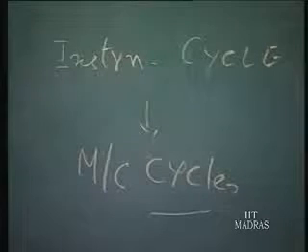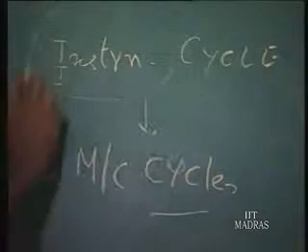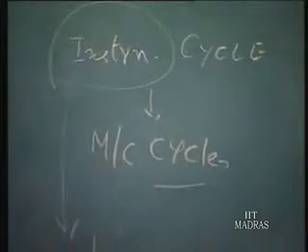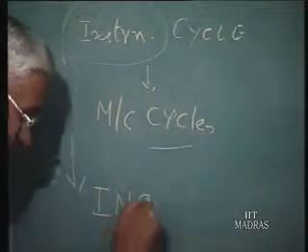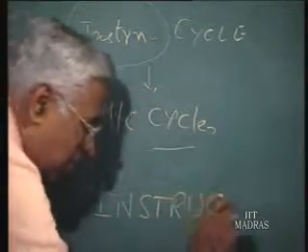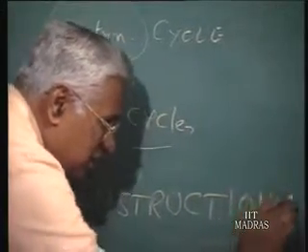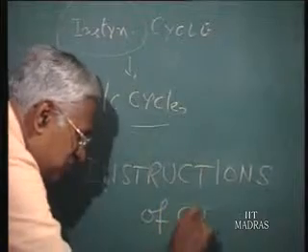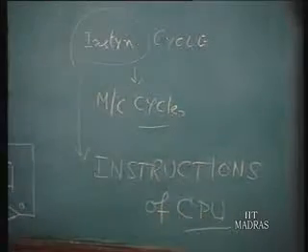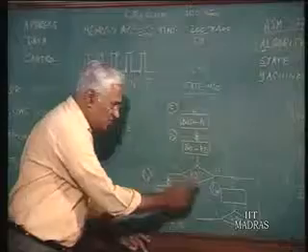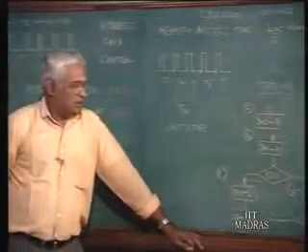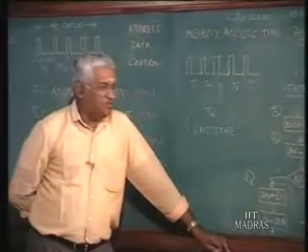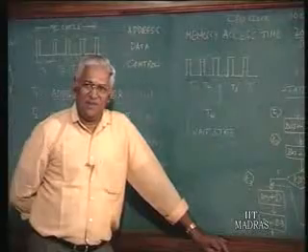Now, we have to do it for all instruction cycles, which means we have to take all the instructions supported by the CPU, and then work out this low level activity, that is the register transfer level activity.